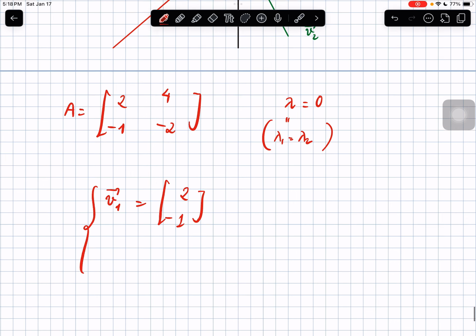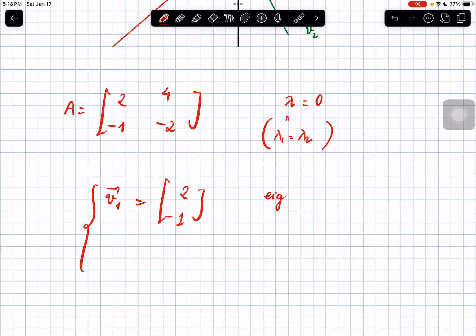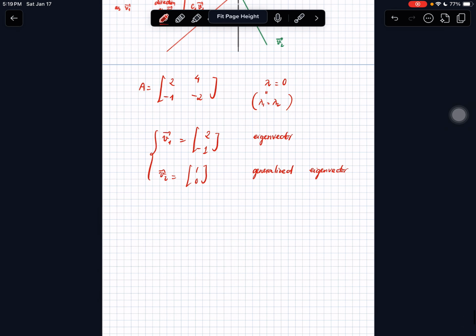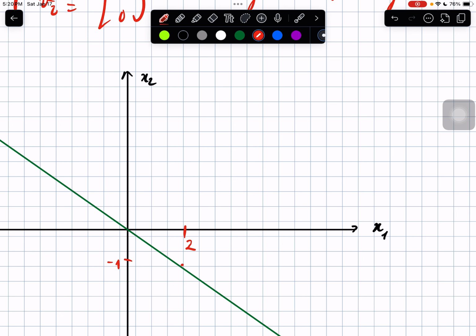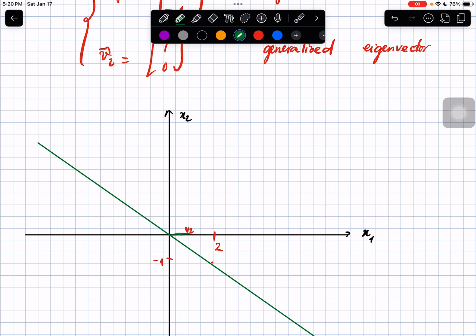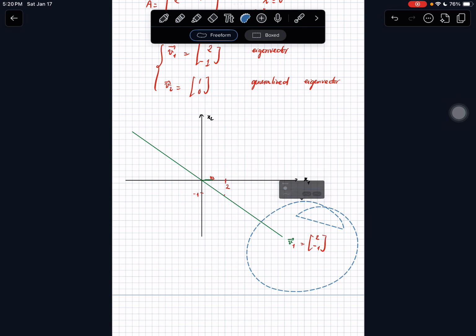And V2, the generalized eigenvector, is (1, 0). Now let's draw the picture for this case. So V1 is (2, -1), V2 is (1, 0).